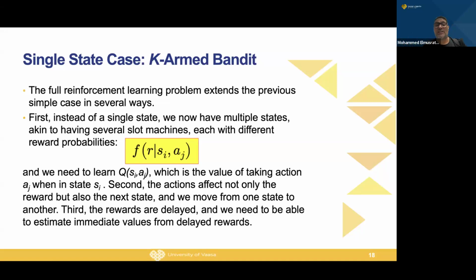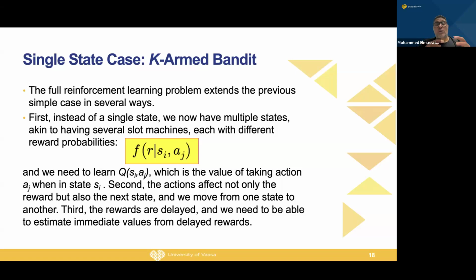So when you take an action, what will happen? Previously, in the single state case, when you take an action, you get some reward. And this reward, as I said, can be a stochastic reward. Then I need to average this reward by repeating this action many times.